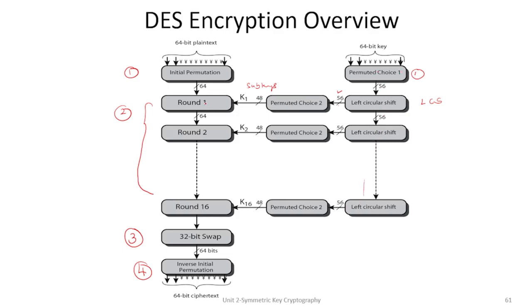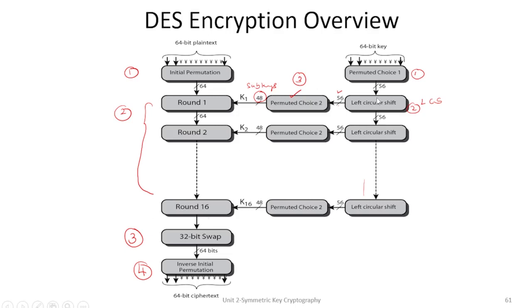Then in the round function, the key should be used as 48 bits. So we reduce the 56-bit key into a 48-bit key with the help of permuted choice 2. This is the third operation done at the subkey side. So at the plaintext side, 4 operations are done.